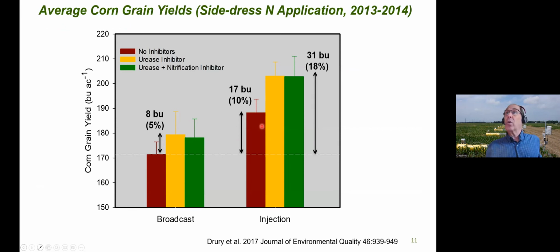But going to injection was a 17 bushel increase or 10%. But when we stack processes, and again, this is all the same amount of nitrogen, we stacked it and added inhibitors, we've gone from 172 to about 205 bushels per acre. So it's about a 31 bushel increase, which is fairly dramatic and certainly worth doing.